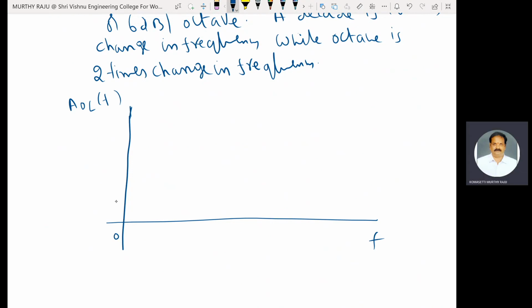The gain axis is 0, 1, 10, 100, 10 cube. This one is 10 square, 10 cube, 10 power 4, 10 power 5, and 10 power 6.